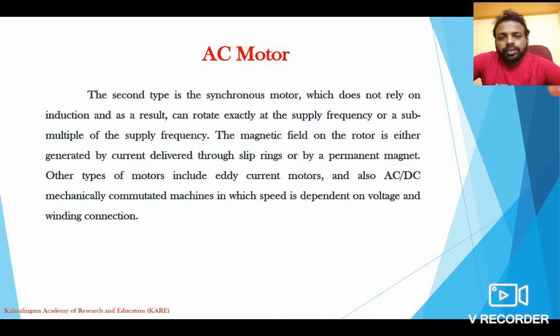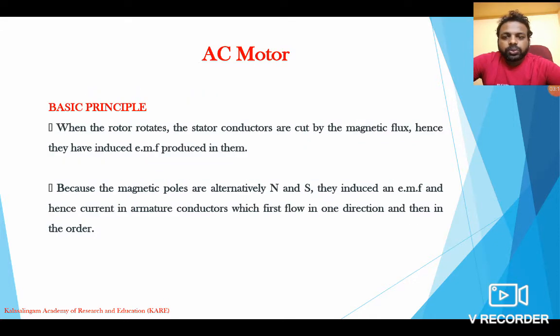In the synchronous motor, the speed of the motor is equal to the supply frequency. This is a common difference between induction and synchronous motors. We will discuss in detail what induction and synchronous motors are, and their components, in the next slide.